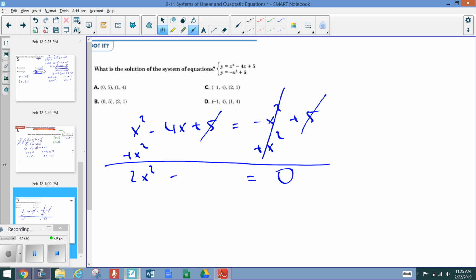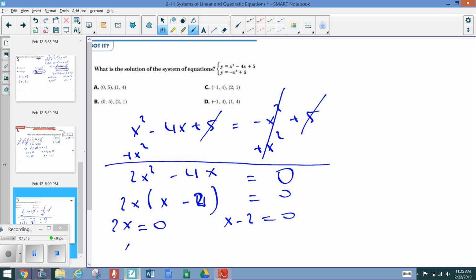2x squared minus 4x. And what is the greatest common factor of those two? 2x squared minus 4x is equal to 0. Continue, that means each will be equal to 0. Divide both sides by 2, add 2. So we got x components 0 and 2.